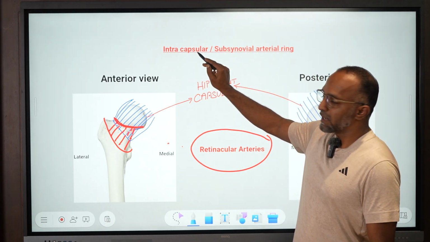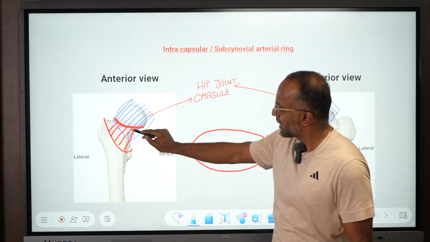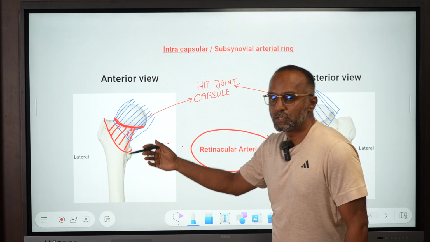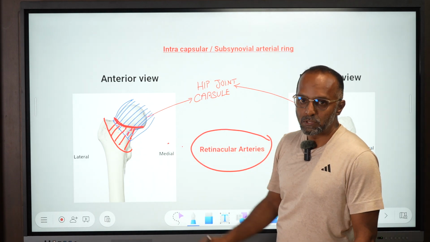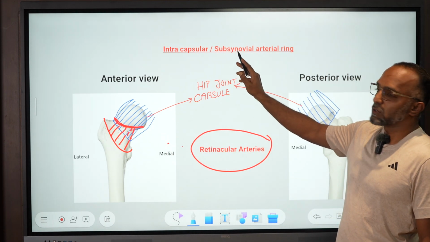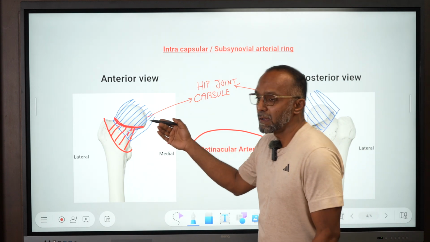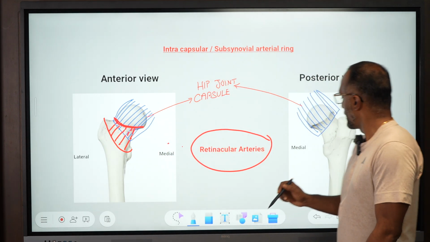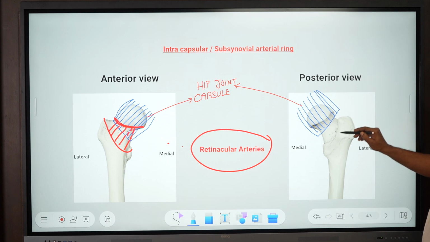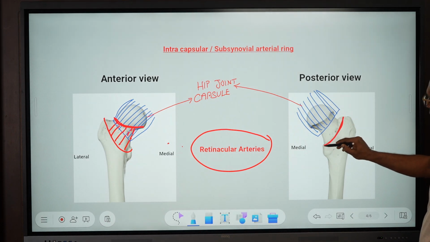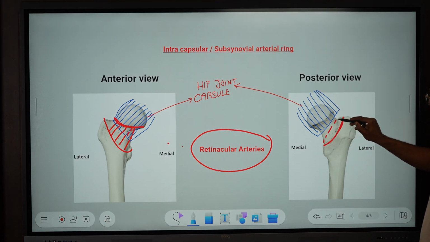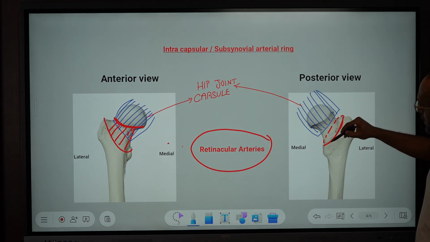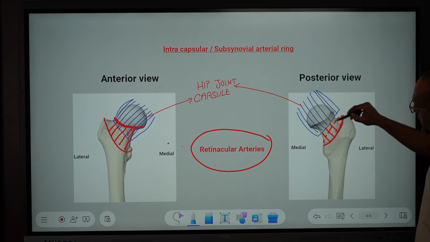Why is it called intra-capsular? Because this ring is within the joint capsule, within this blue structure, or is otherwise called subsynovial, that is, inside the joint arterial ring. Okay. Similarly, this is the posterior aspect. This is the medial circumflex femoral artery. So the lateral circumflex comes in the front, giving the ascending cervical arteries.